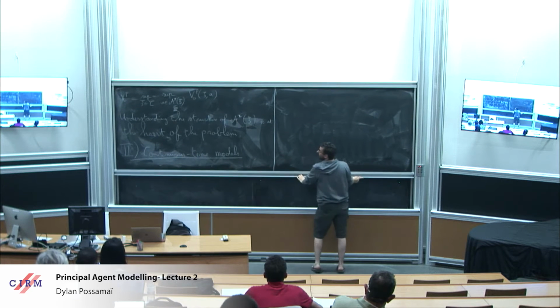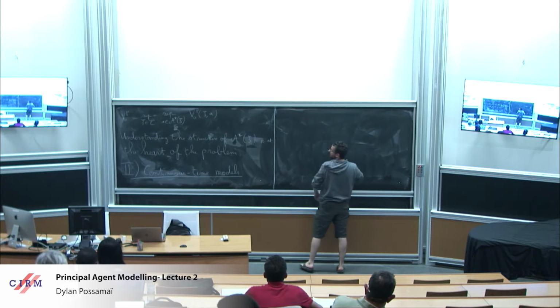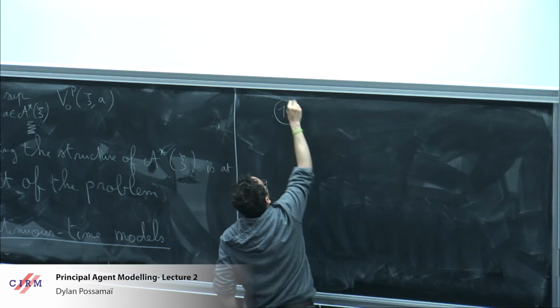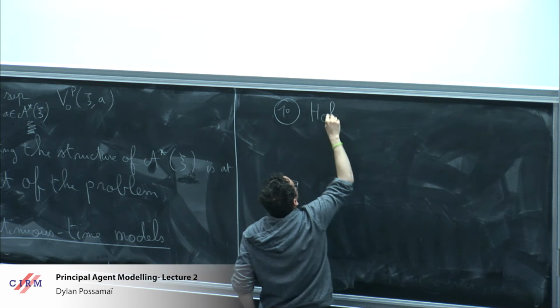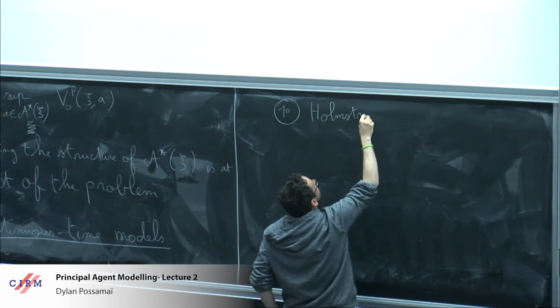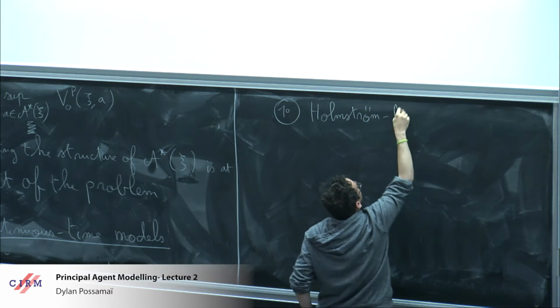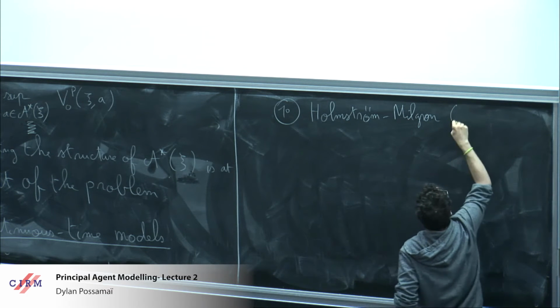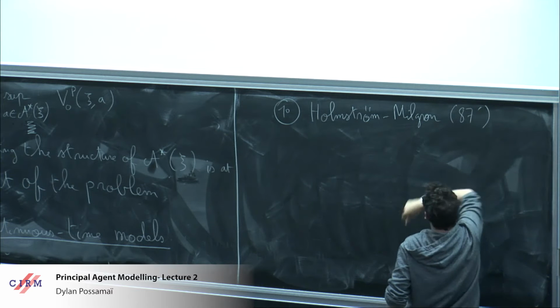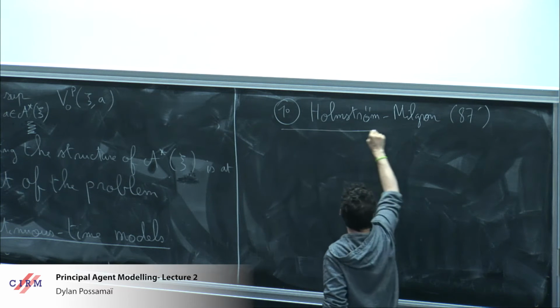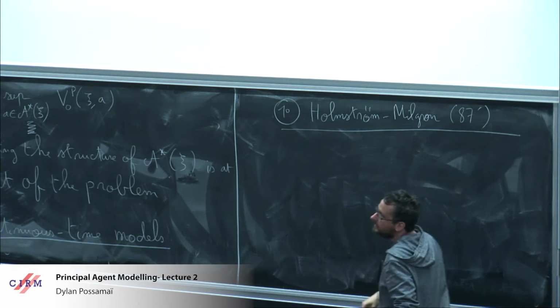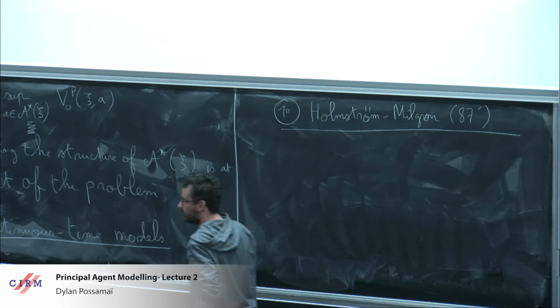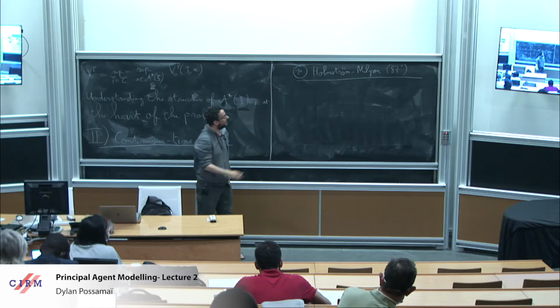All right, so what I will show you is the first continuous time model. So that's due to Holmström and Milgrom in '87. So it's really almost the simplest continuous time model you can think of.